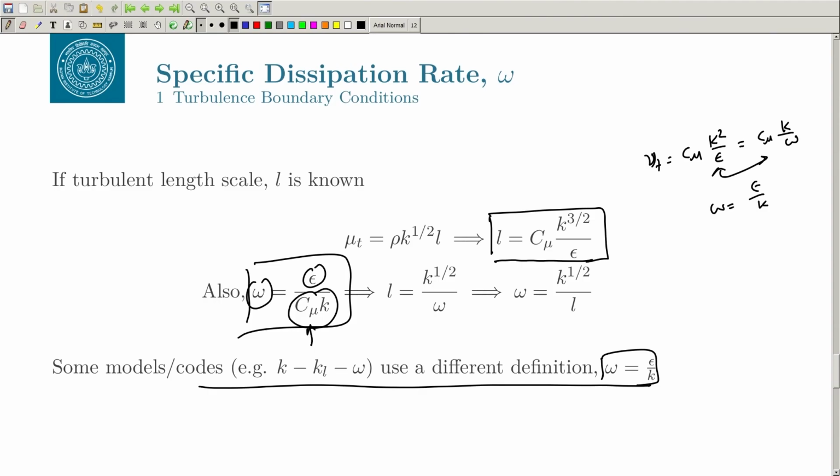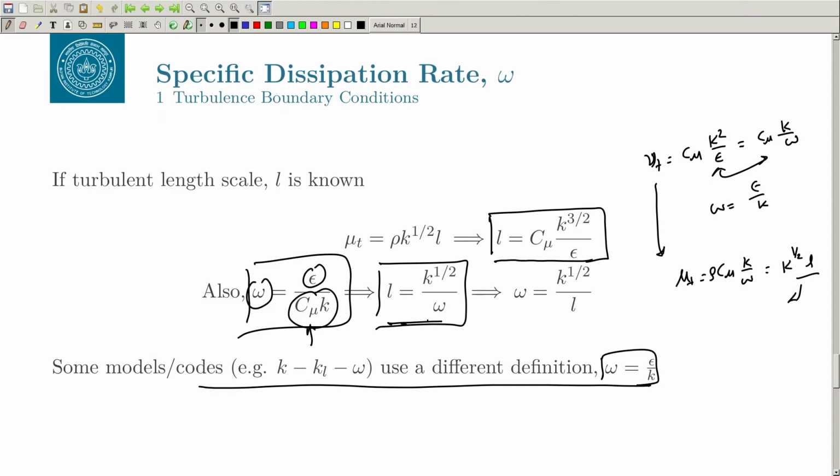By comparing this you can get this relation, I mean the value of L equal to k to the power half by omega. You can also get this by using the relation mu t equal to rho c mu k by omega, which is equal to some velocity scale and some length scale, right. So, if you work this out, you will get this value of L equal to k to the power half by omega.